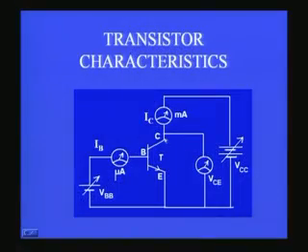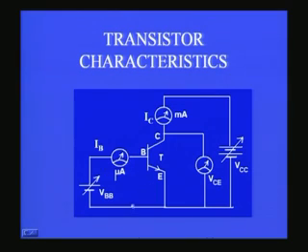So, the common emitter configuration you have already seen in the circuit. Now, what we do here is, by first switching on the VBB voltage source, you allow a small current of maybe, let us say, 10 microamperes or so to be set in the IB ammeter.